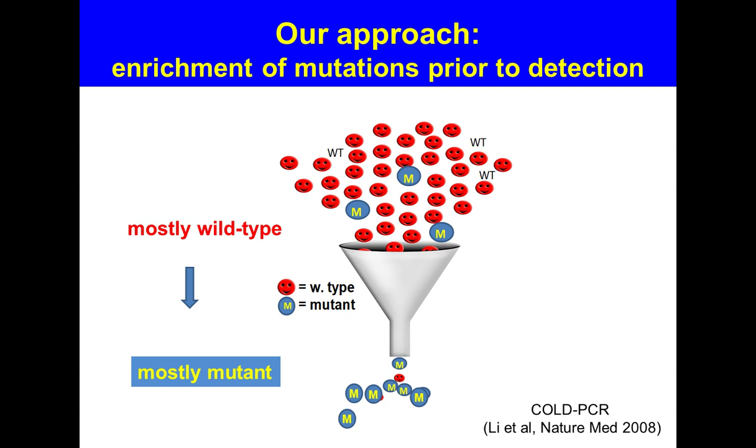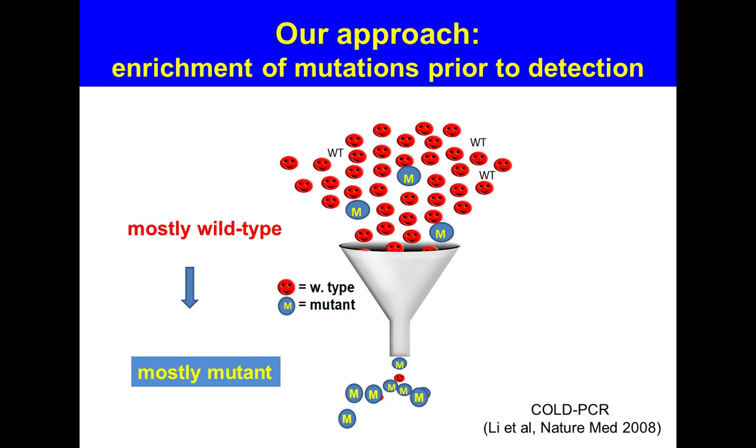So our approach through the years has been to apply enrichment of mutations prior to their detection. As you can see here, you have many wild-type molecules and few mutant molecules entering the funnel, and then by applying COLD-PCR, one can enrich the mutant, and then the endpoint detection method becomes much easier to perform.